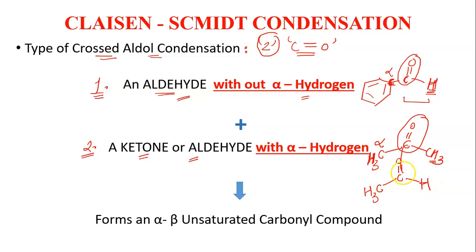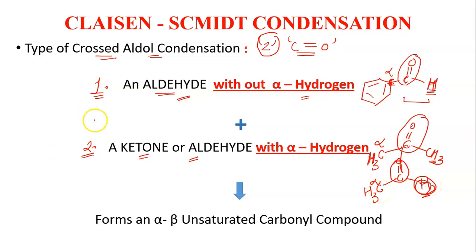Again, carbonyl, alpha carbon, and on the alpha carbon 3 hydrogens are present. So this compound also contains alpha hydrogen. Again, this is not an alpha hydrogen, this is the aldehydic hydrogen. So don't get confused between these two.